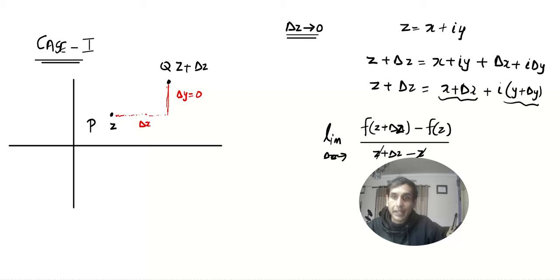That means I'm making delta x tend to 0. So to understand this point, I'm going to move Q very near to P. How did I do that? I'm using two straight lines. I'm going straight down and then I'm slowly moving very near to z. So delta y will be equal to 0 and delta x will tend to 0.